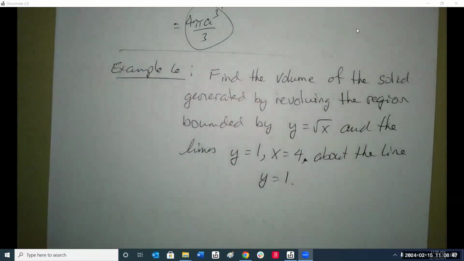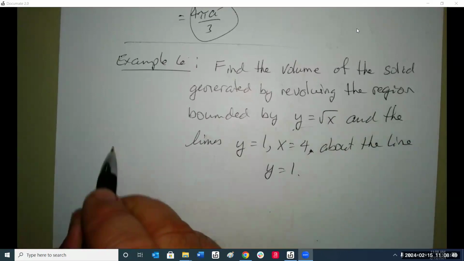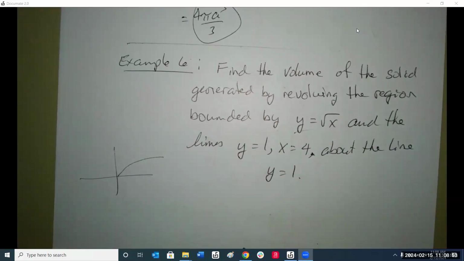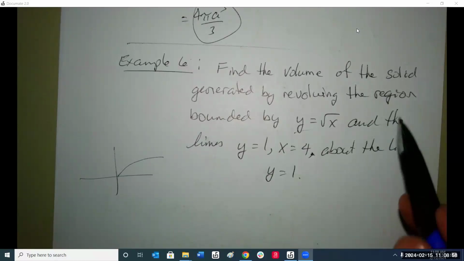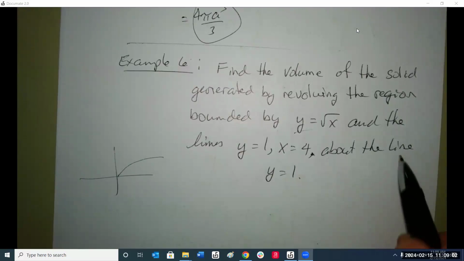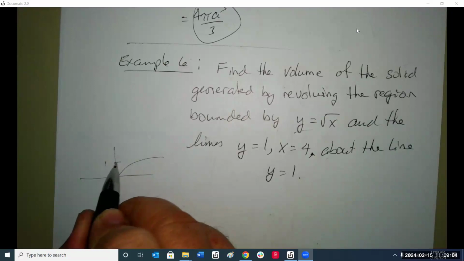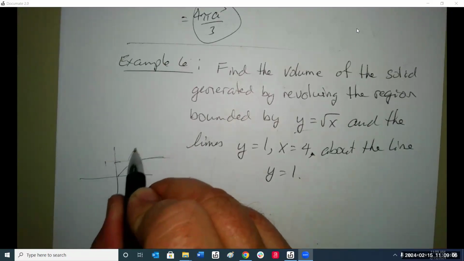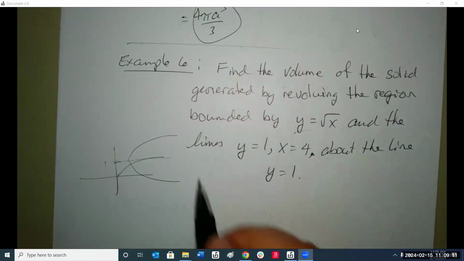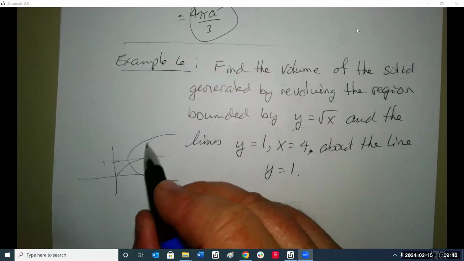Okay, let's look at a picture of this. So square root of x, about the line y equals 1, so I'm up to 1, so that's my new x-axis. Rotated.